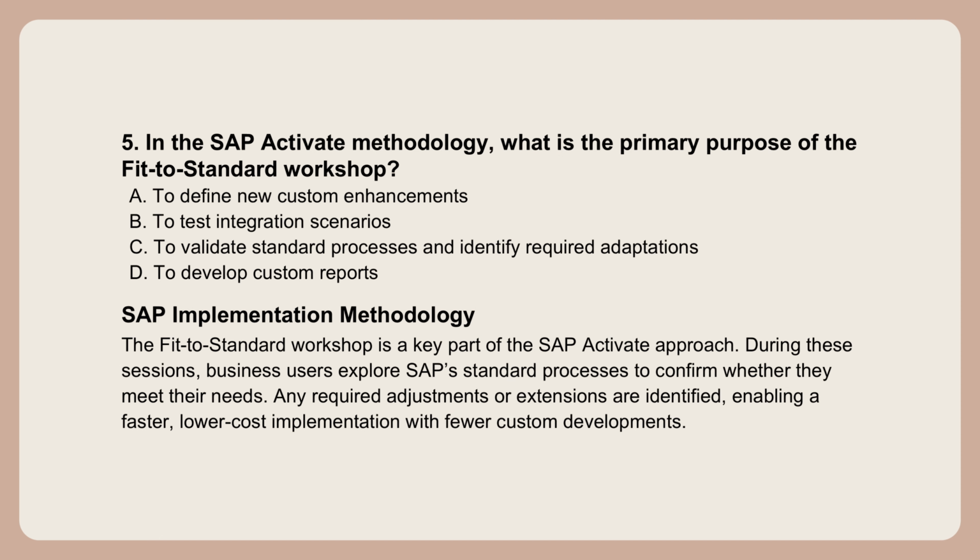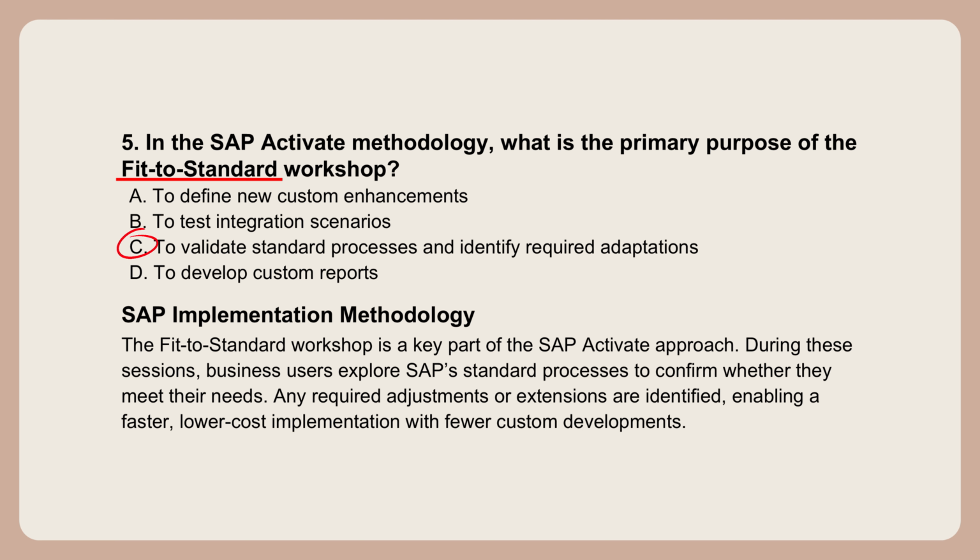Yeah. All right, let's switch to implementation. SAP Activate is the methodology for S/4HANA Cloud. It is the standard approach now. Within Activate, there's this key activity called the Fit-to-Standard Workshop. What's the main goal there? What are you trying to achieve? This is really fundamental to the Activate mindset, especially for the cloud. The primary purpose, according to the methodology itself, is to validate standard processes and identify required adaptations.